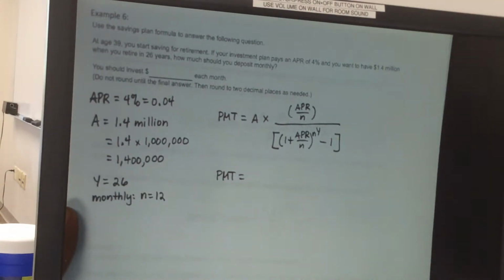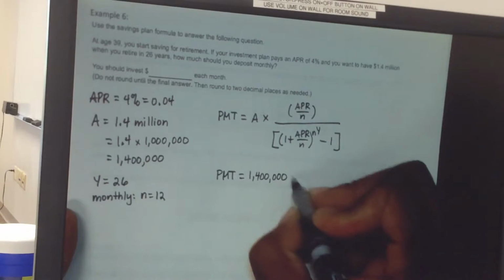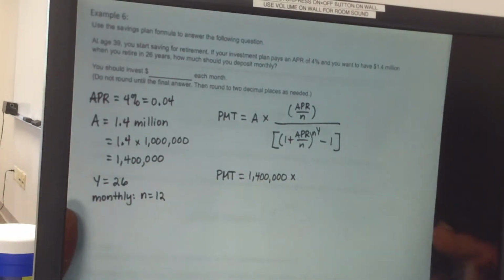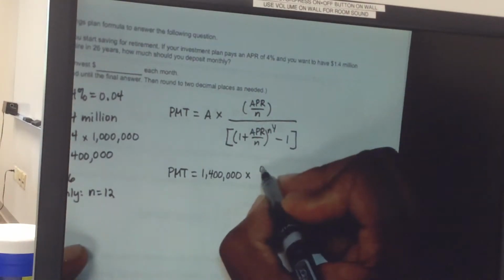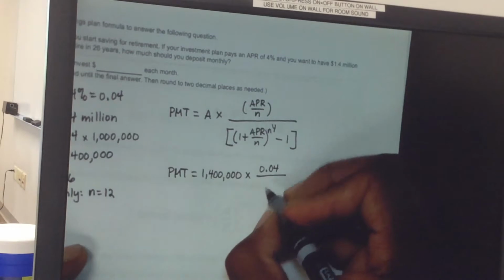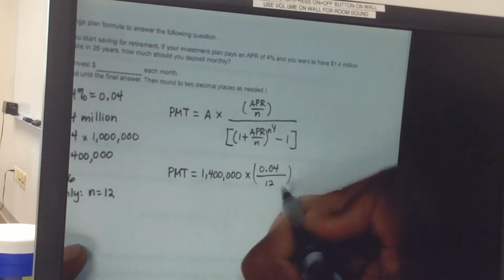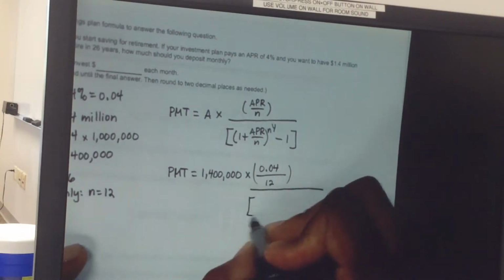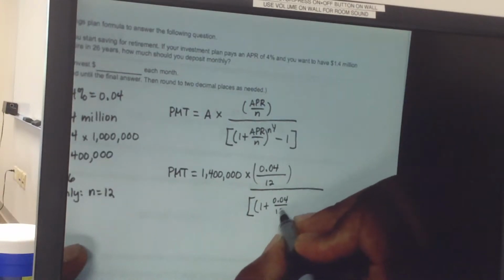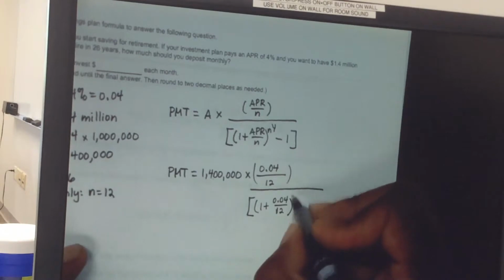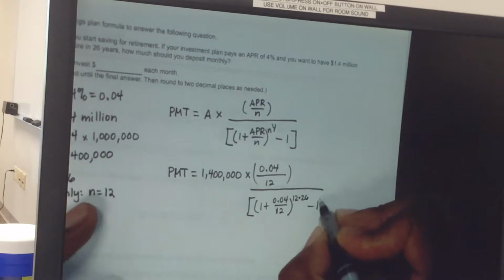The A is $1,400,000 multiplied by the APR, 0.04 divided by N, which is 12. Then that's going to be divided by 1 plus 0.04 for the APR divided by N, which is 12, raised to the N times Y. N is 12 times Y, which is 26, and then minus 1.